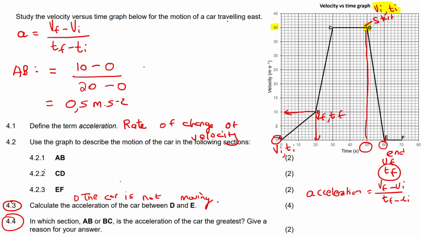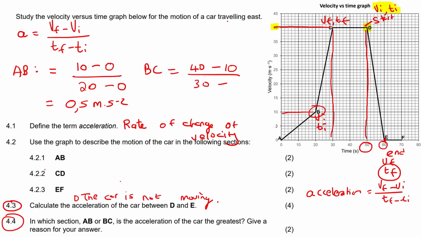Now, if we had to do the same thing for BC, then B is now your initial position, and C is now your final position, because that comes later. And so your final velocity is going to be 40. Your initial velocity is going to be 10. And then your final time is 30.